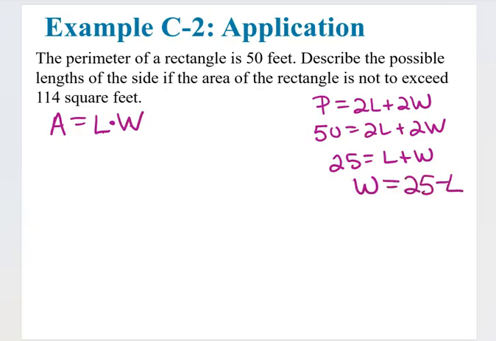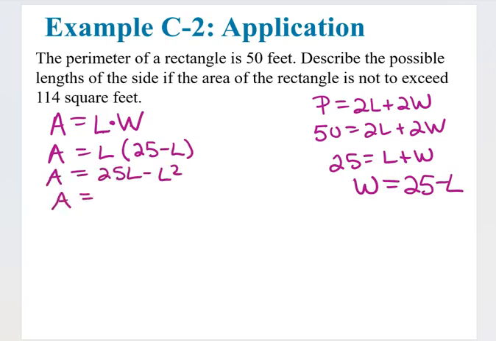I'm just going to subtract L from both sides. So over here, instead of W, I can write 25 minus L, which will help me clean this up a little bit. All right, so my area function is equal to negative L squared plus 25L. So there's my area function.